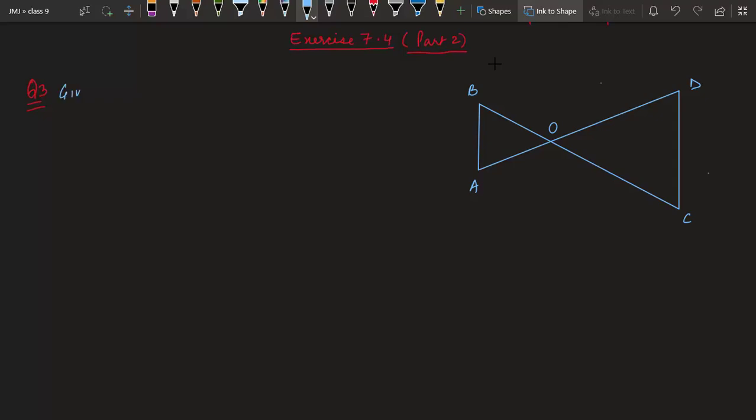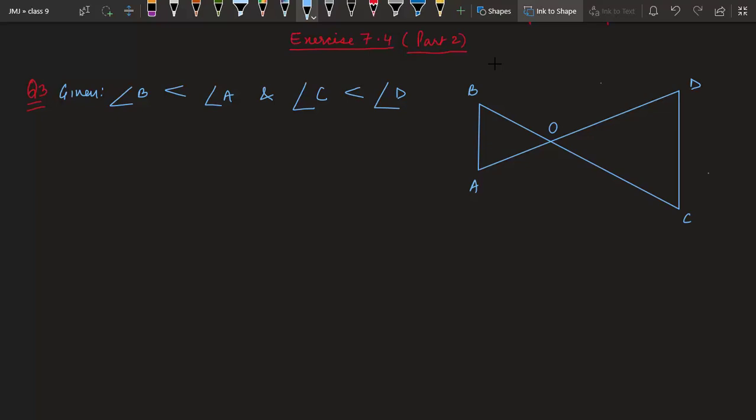Question is saying in figure 7.49 angle B is less than angle A. So given, angle B is less than angle A and angle C is less than angle D. So we can name them for convenience.